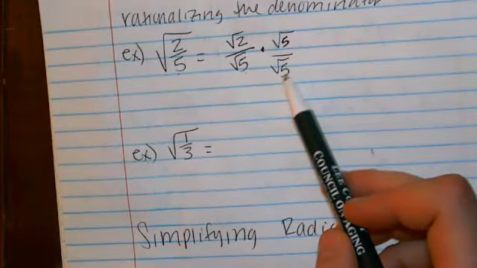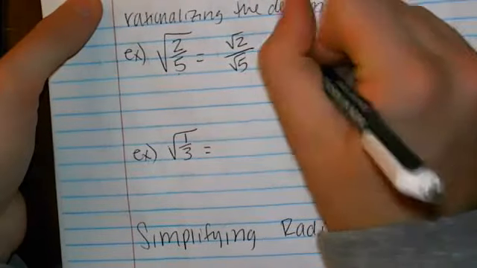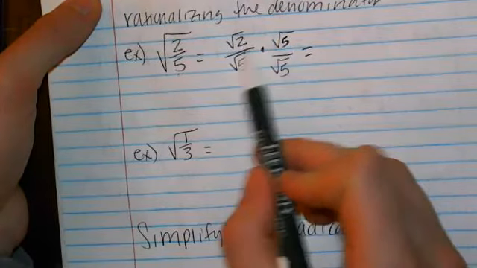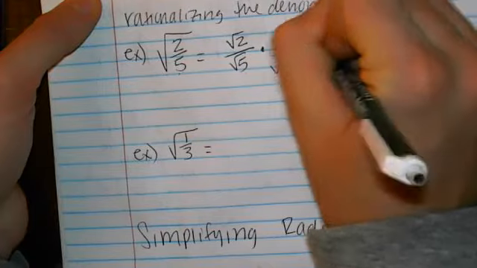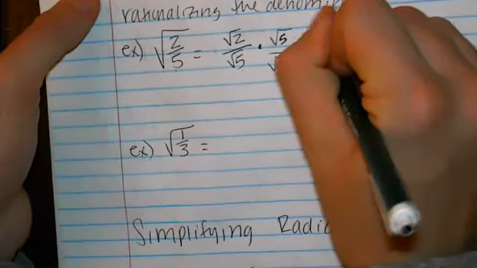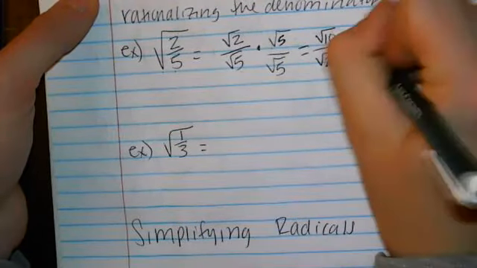So we're not changing the value of it, we're just altering the way that it looks. So again, same kind of root. You can multiply their insides. 2 times 5 is 10, so the square root of 10. 5 times 5, root 25. The square root of 25 is 5.